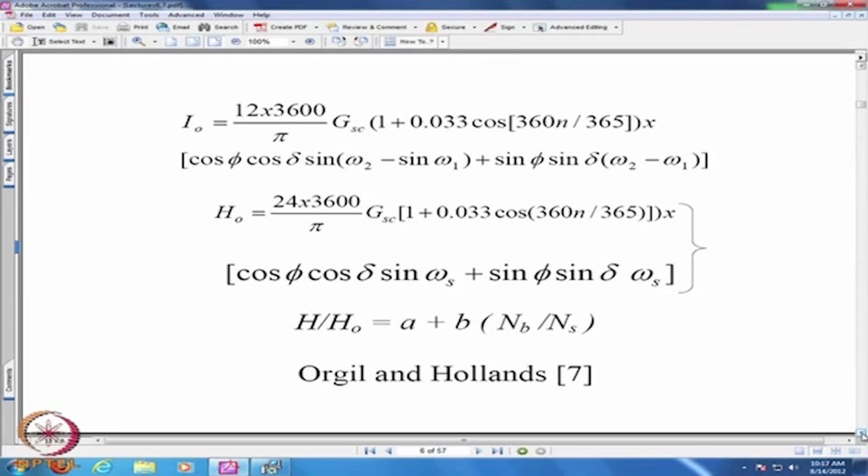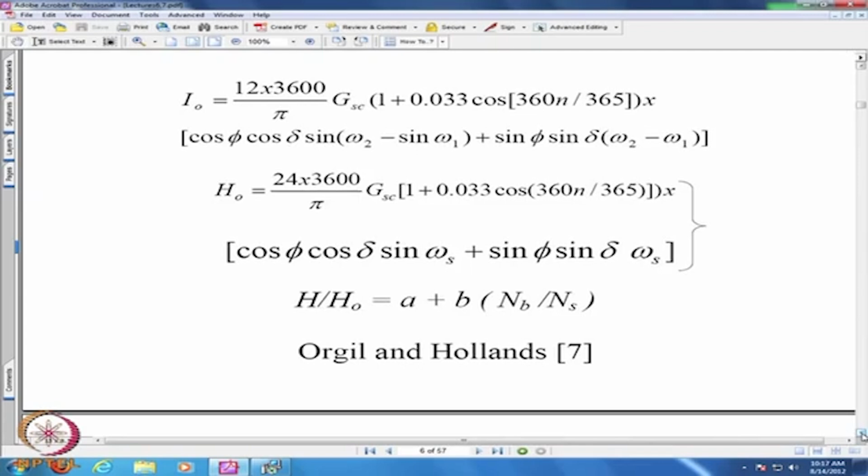In general, if the climate is similar, the A and B are similar. The NB, the bright number of sunshine hours, is measured by what we discussed in detail, the sunshine recorder, along with other instruments for solar radiation measurements.